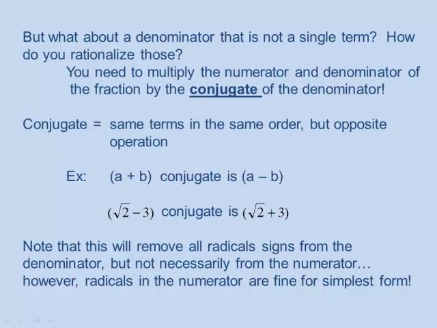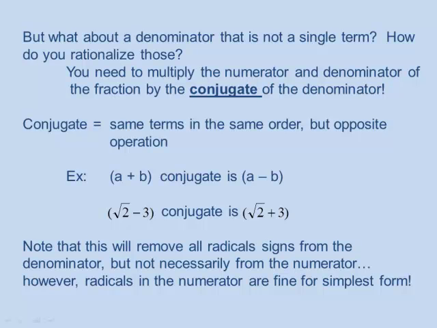But what about a denominator that is not a single term? How do you rationalize those? Well, you need to multiply the numerator and denominator of the fraction by what's called the conjugate of the denominator. So conjugate, using a very simple definition, is simply the same terms in the same order, but opposite operation between the two.